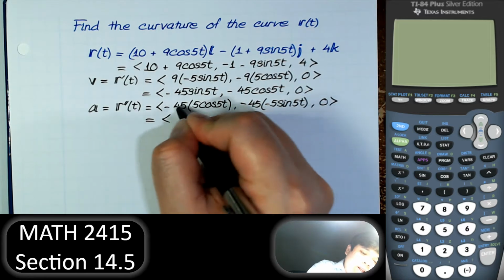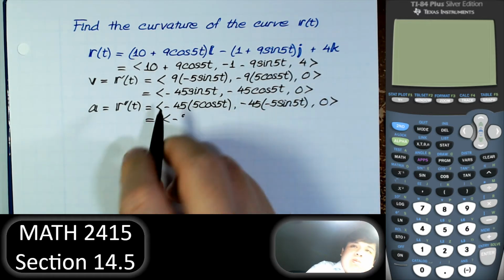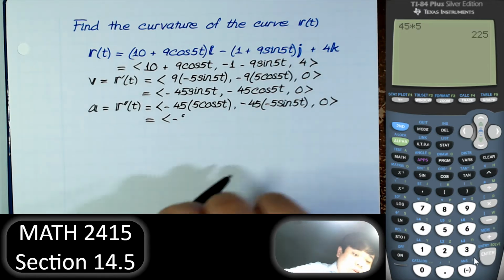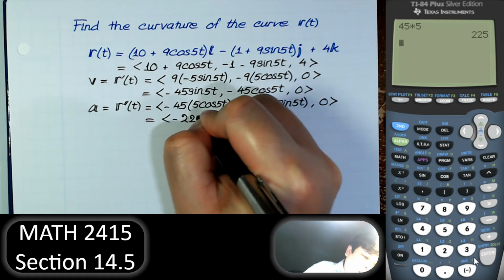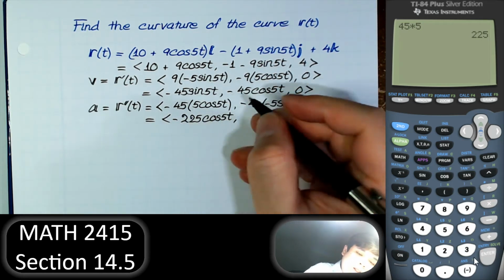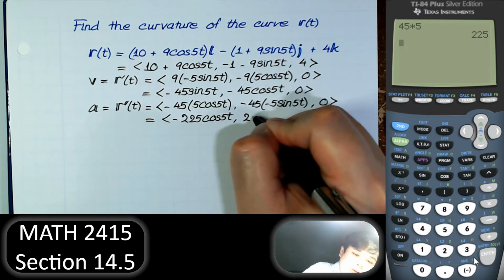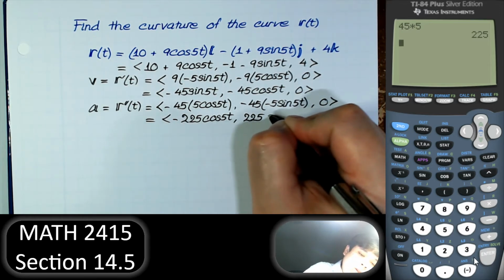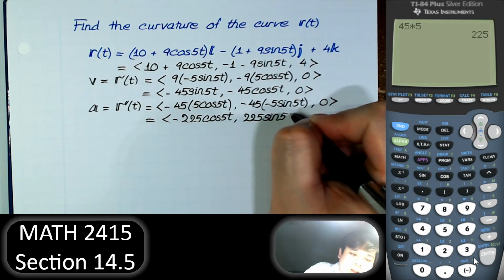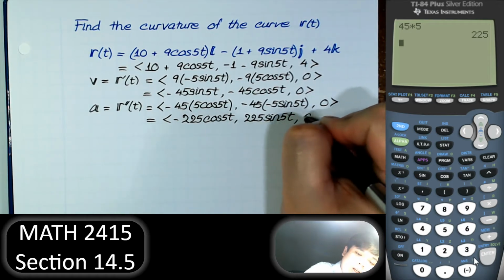So we have negative 225 cosine 5t, 225 sine of 5t, and 0.